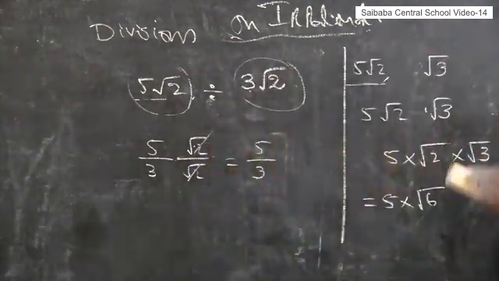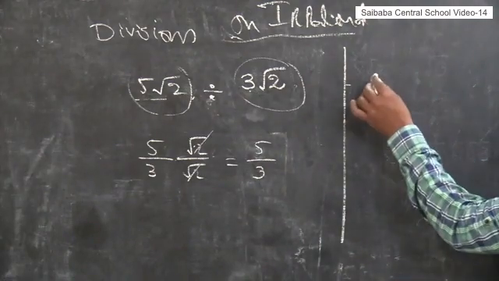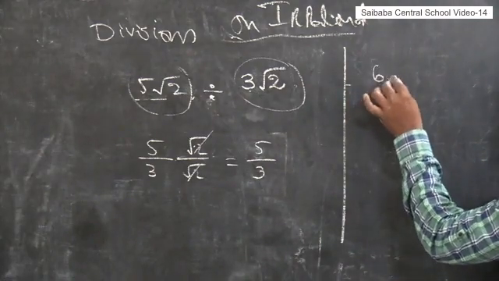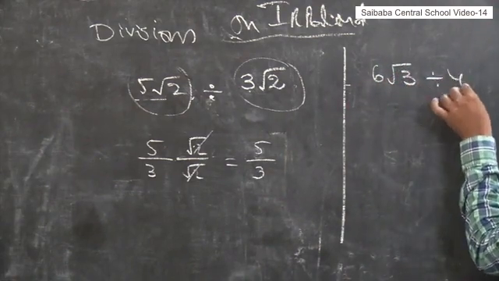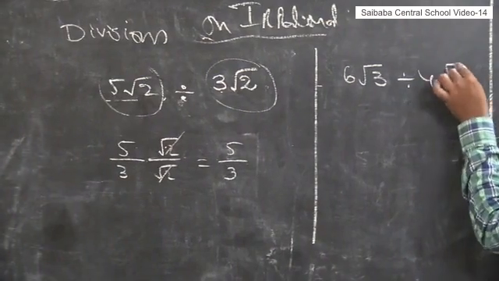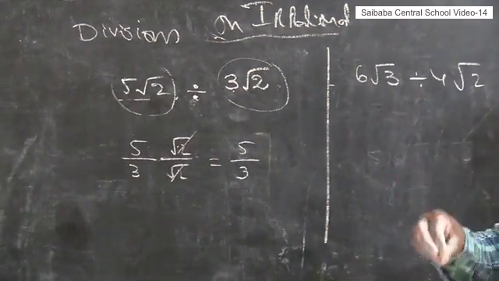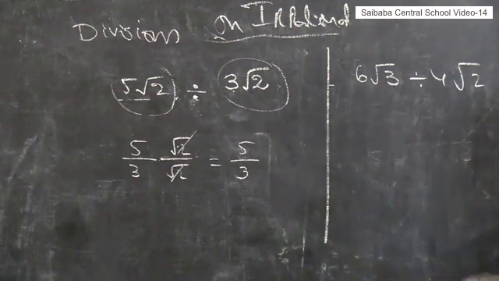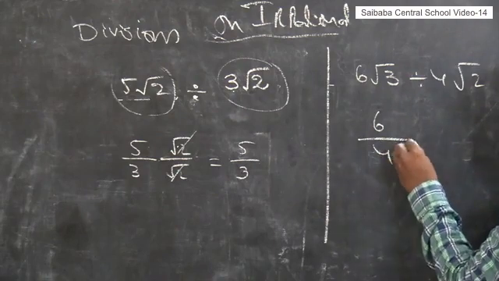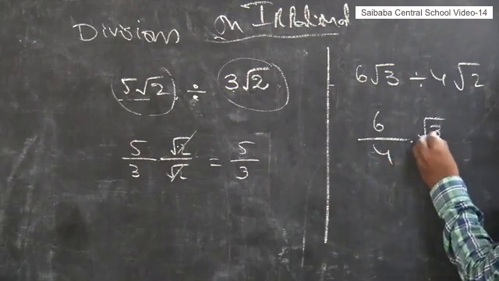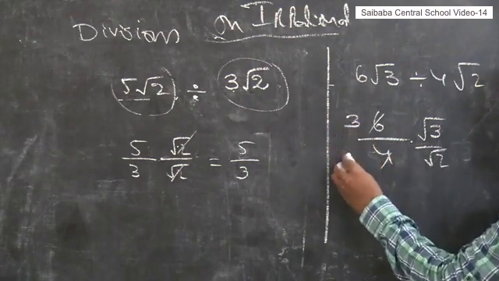Next, if I take different rational numbers, I am changing the example. Here 6 root 3 divided by 4 root 2. What is the answer? Divisions. I said rationals individually, irrationals individually. 6 by 4 dot root 3 by root 2. 6 by 4 is nothing but 3 by 2.